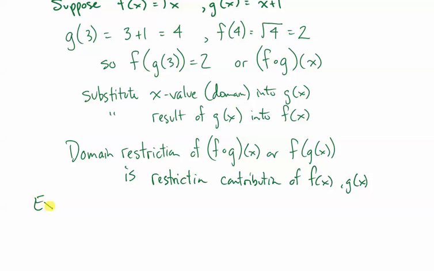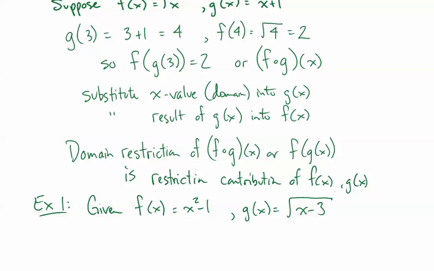So first up, example 1, I'm going to give you some functions. f of x is x squared minus 1, and g of x is the root of x minus 3.